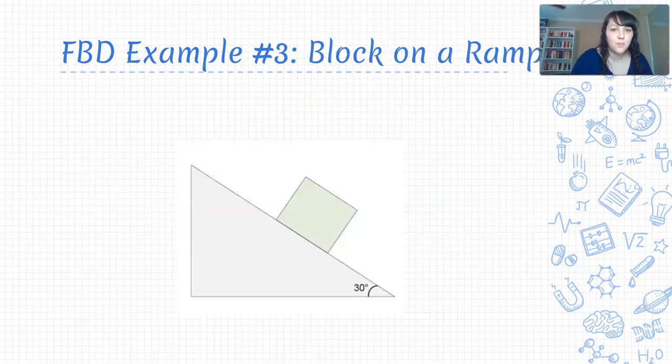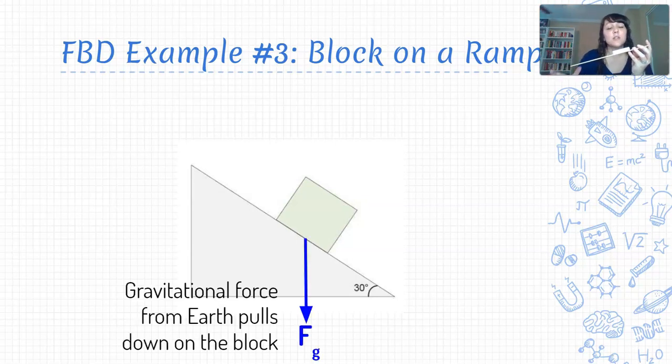All right. Last example, if we have a block on a ramp, what are the forces that are acting upon this block? I see three big forces acting upon this. Of course, there is still gravity, and gravity is pulling our block straight downward. All right, even though it's at an incline, straight downward is that gravitational force.